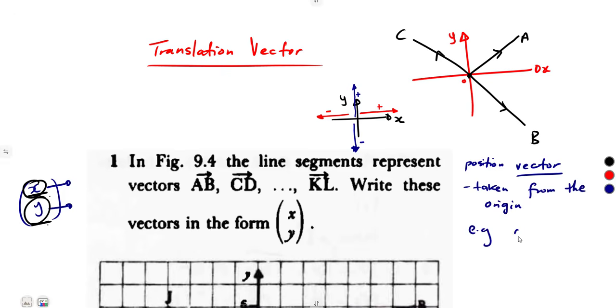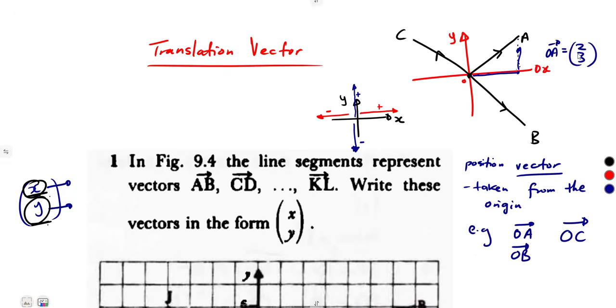For example, vector OA like this, vector OB, all right, vector OC. These are position vectors from the origin. So you simply indicate, let's say here, how many units you have moved from this point to here, and how many units going up. So maybe vector OA is given as 2, 3 like this.